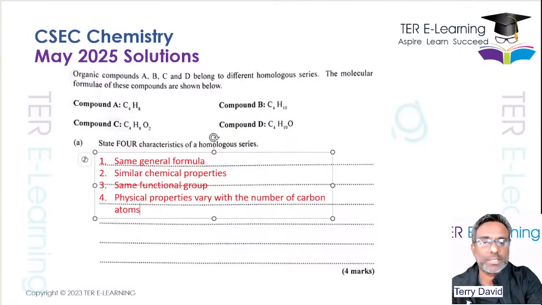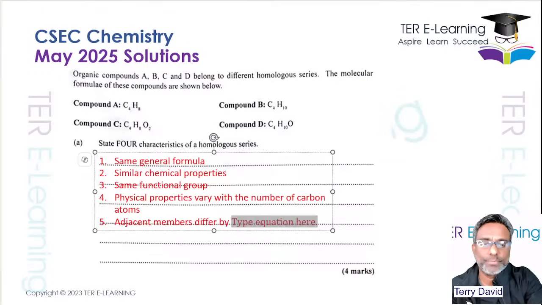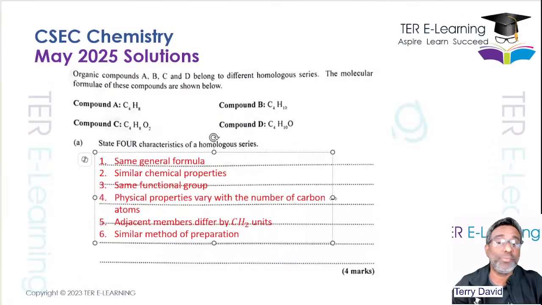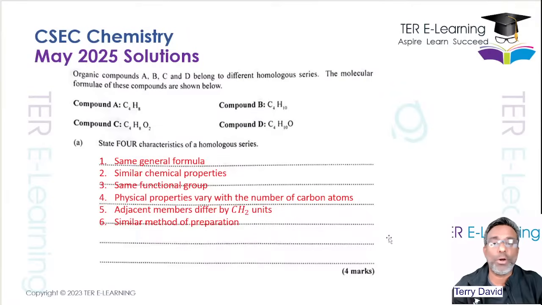That's another one there. Adjacent members differ by CH2 units. And the last one you could have put is similar method of preparation. They only want 4, so you could choose 4 here from the 6. That's basically what it is.